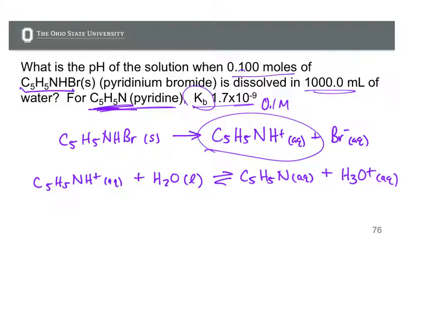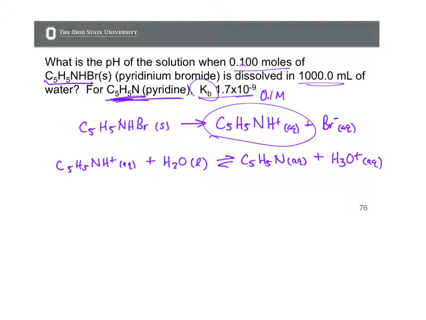Okay. Just like we do with other weak acid, weak base problems, we're going to set up an ICE table. We're going to have an initial concentration of the pyridinium ion of 0.1 molar. We don't worry about water, and we don't have any products in solution initially.